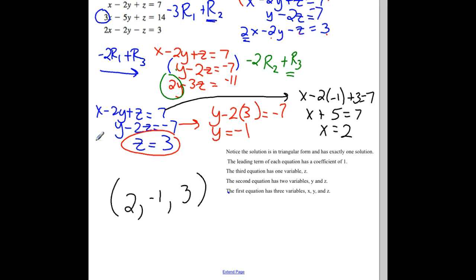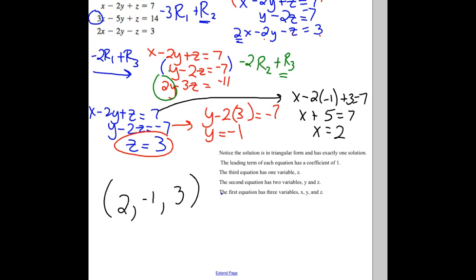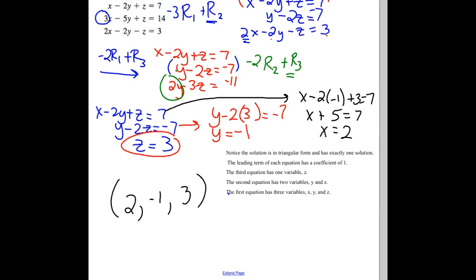A couple of comments. In triangular form, we solved this system. It had one solution. The leading term of each equation had a coefficient of 1. We had 1x, we had 1y, we had 1z, right?